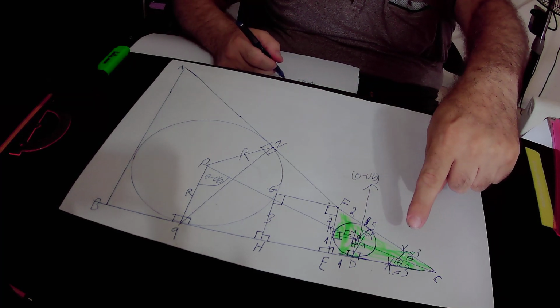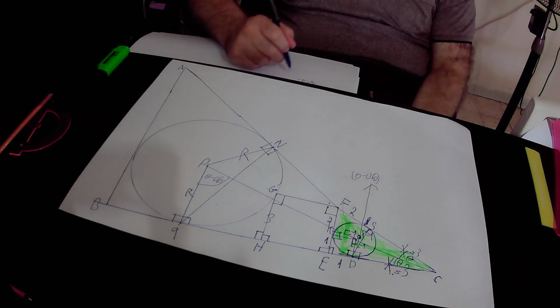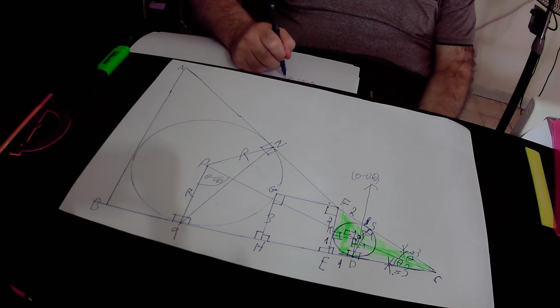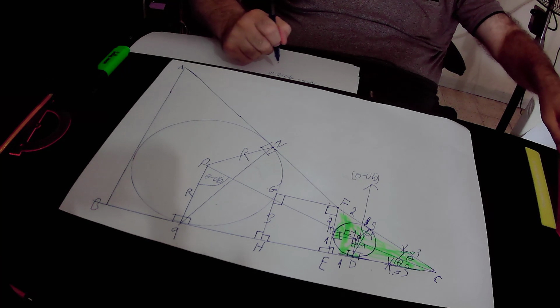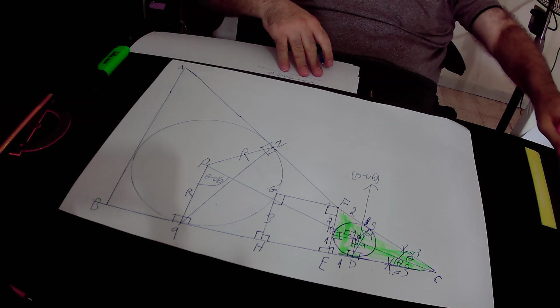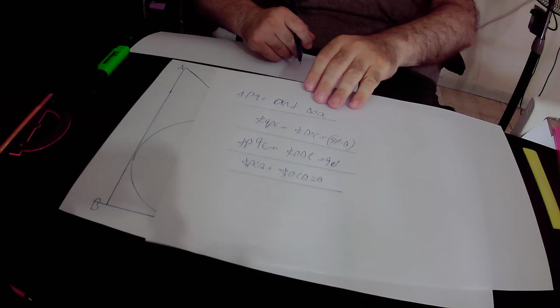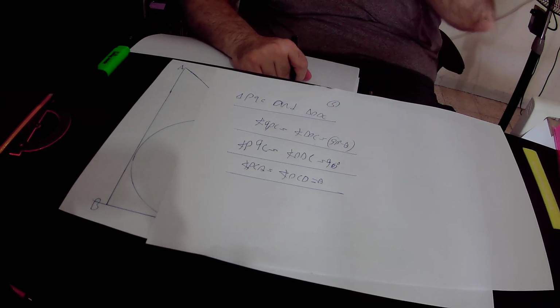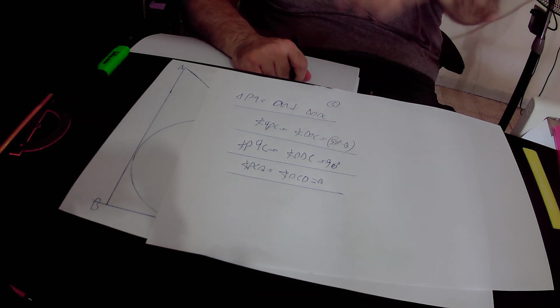We can name angle theta also as angle OCD. Repeat again, this equation states that angle theta equals itself.